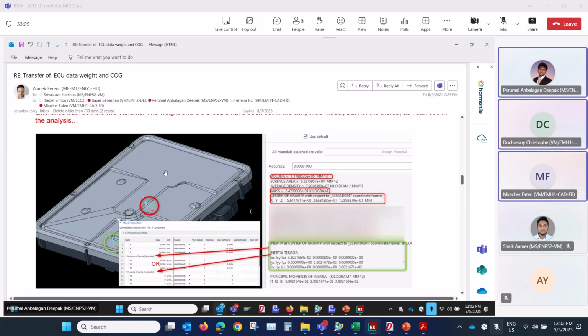That's why I say the guys put some value, and they are not able to explain where this value comes from. We imagine that it's linked to some exchange with the ECU guy, but they don't remember. They are not able to explain to us, so we don't know where this data comes from.